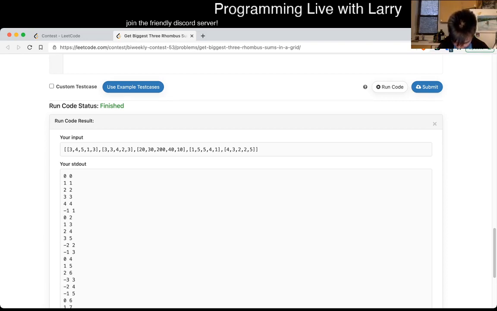No, O2 is equal to 1, 1. I guess that's right, actually. I just don't know how to do these diagonal coordinates.